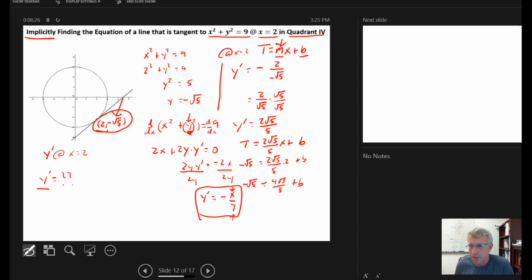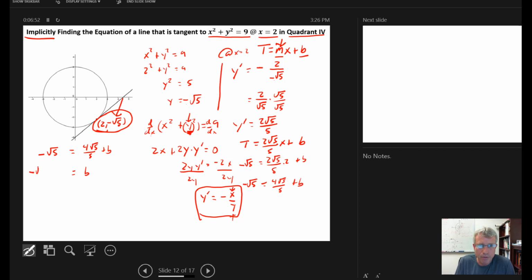And then we can subtract this from both sides. So let's bring over the work that we had. We have the opposite of root 5 equaling 4 square root of 5 over 5 plus b. We need to subtract this from both sides to isolate b.